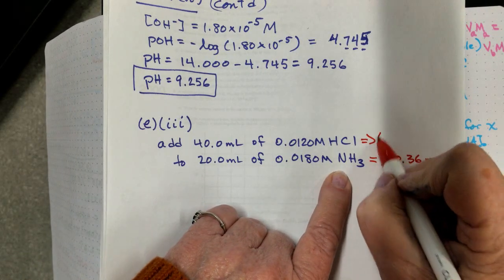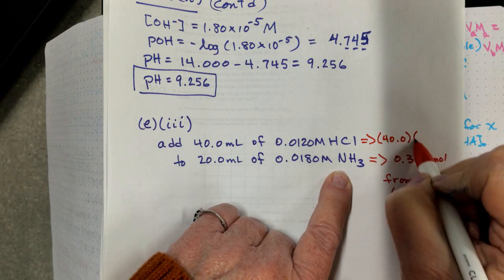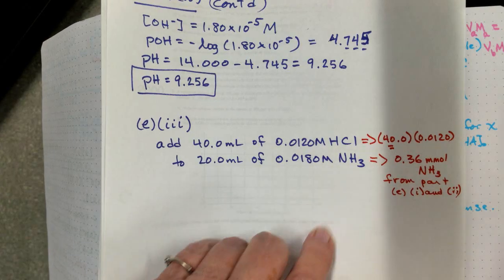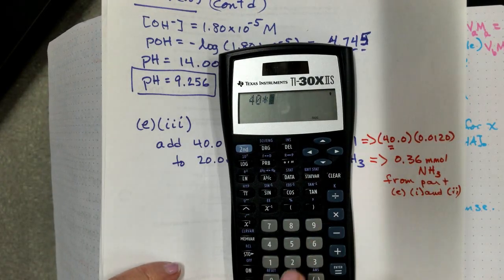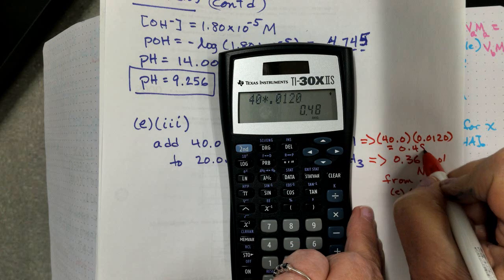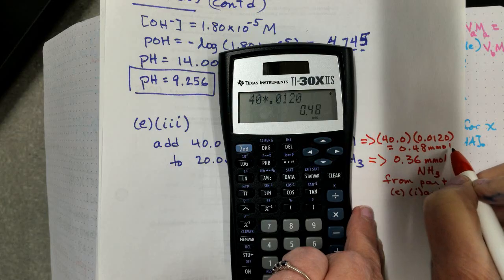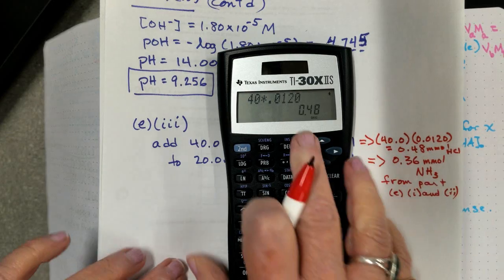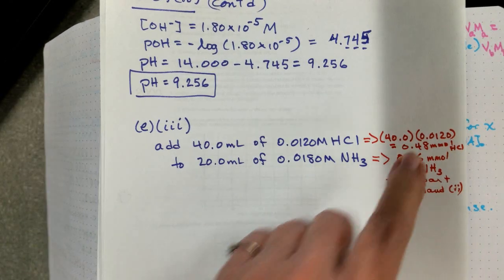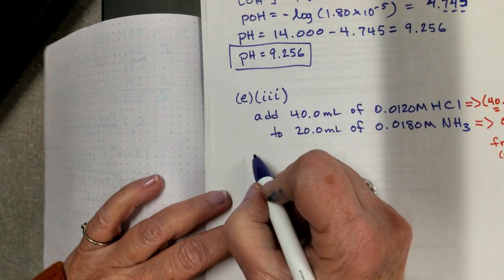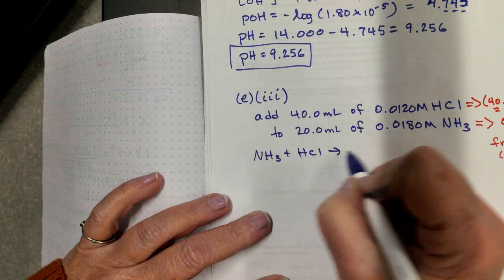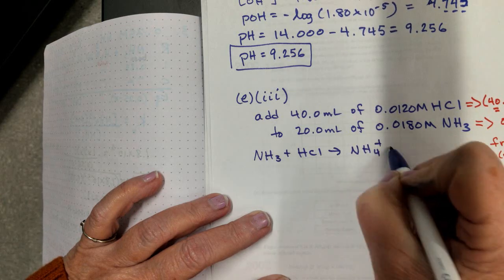Here, I need 40 times 0.0120, and that's going to equal 0.48 millimoles of HCl. There we go. So I already see that I'm going to consume all that. So we let it react. So we have ammonia plus HCl going to the ammonium ion and the chloride.